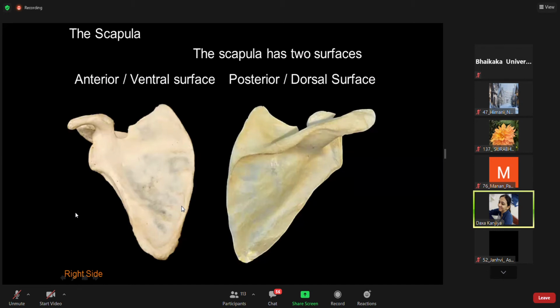The punching movements, and along with the trapezius, upper and lower fibers of the trapezius, it will help in the overhead abduction of the upper limb at the shoulder joint, right? So what is the reason for this lateral border?